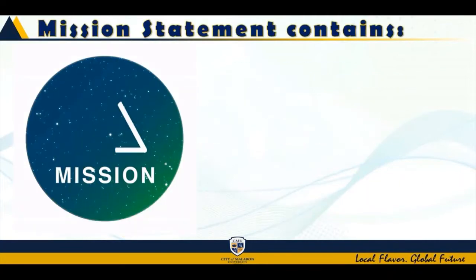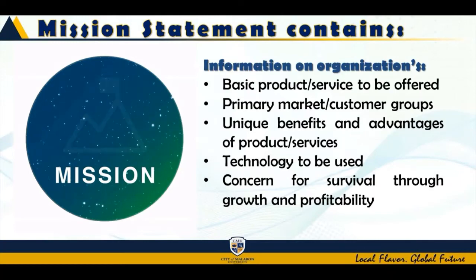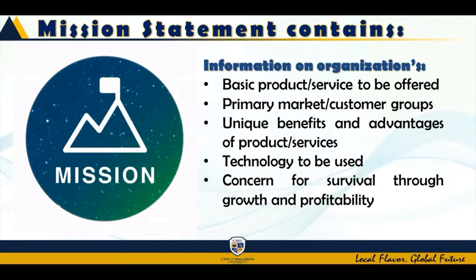The mission statement contains the following. First is definitely the basic product or services that they are offering, answerable by does what, and also the primary market or customer group, to whom, and also the unique benefits and advantages of products and services.